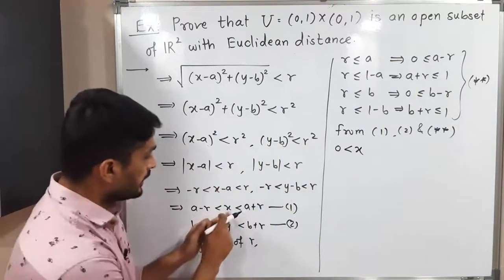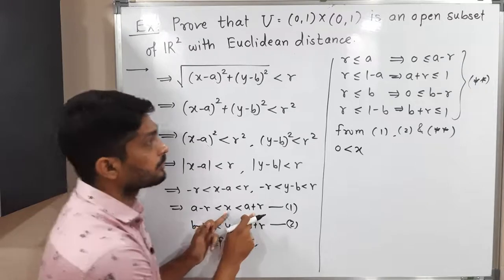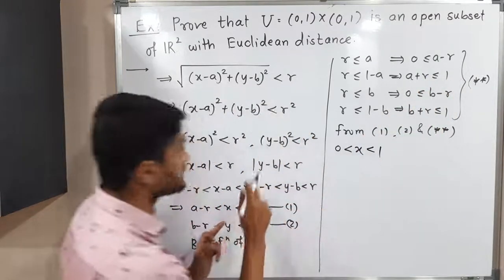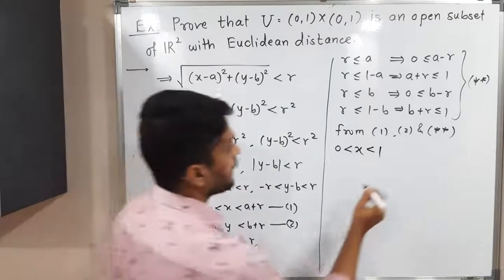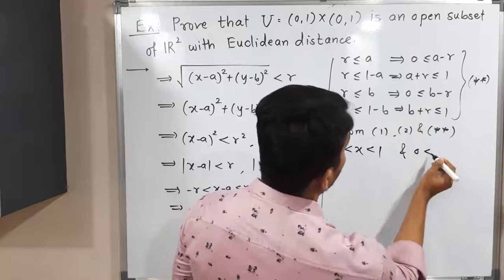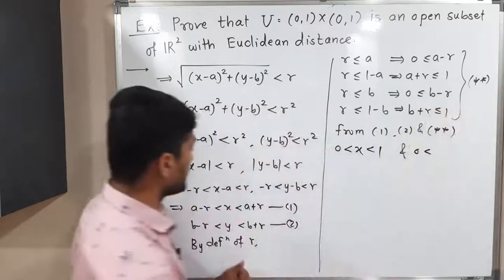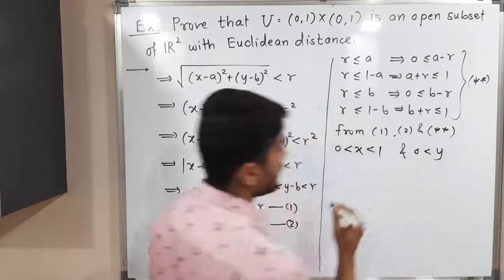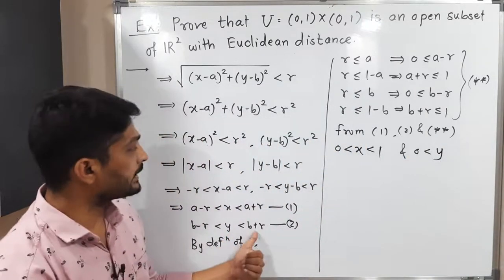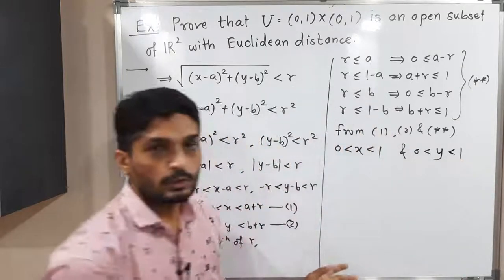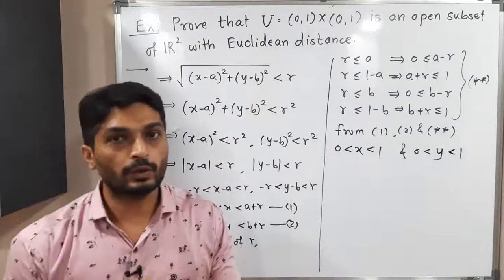Let us continue. x less than a plus r, and a plus r less than or equal to 1, so we have x less than 1. Now 0 less than or equal to b minus r, but b minus r less than y, so 0 less than y. Let us continue. y less than b plus r, and b plus r less than or equal to 1, so y less than 1. So using 1, 2 and double star we got this one.